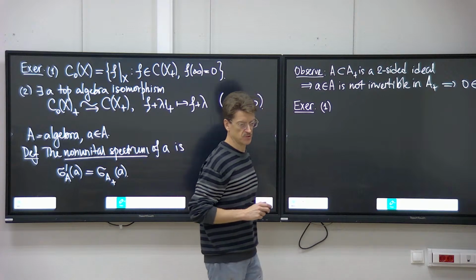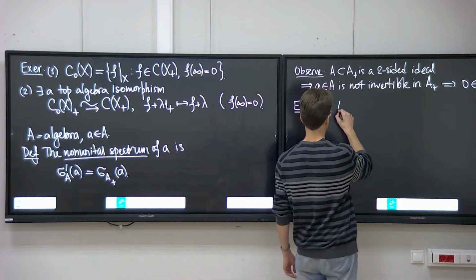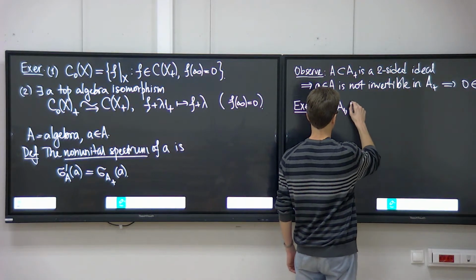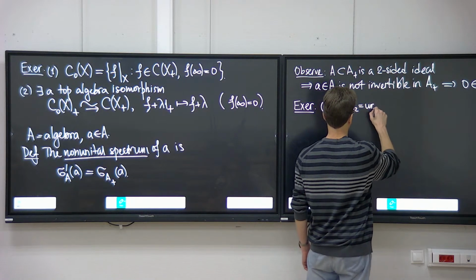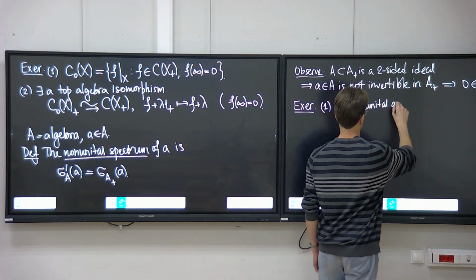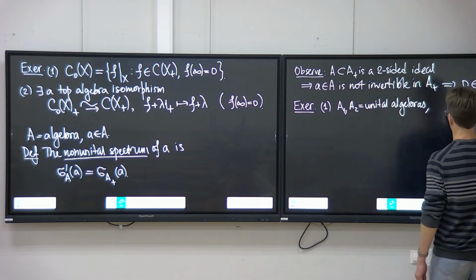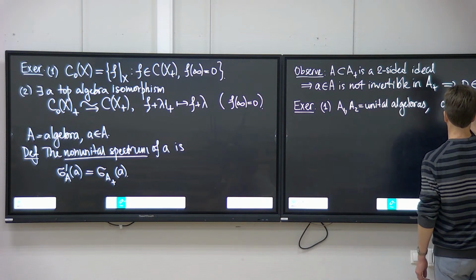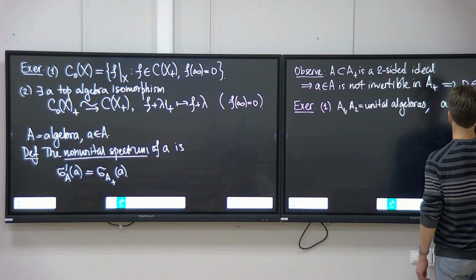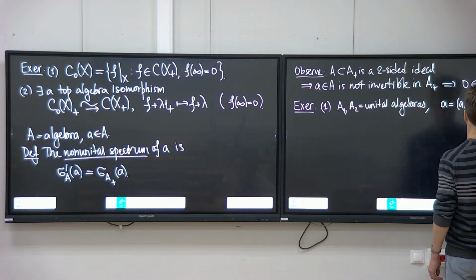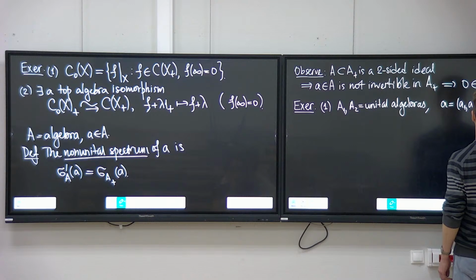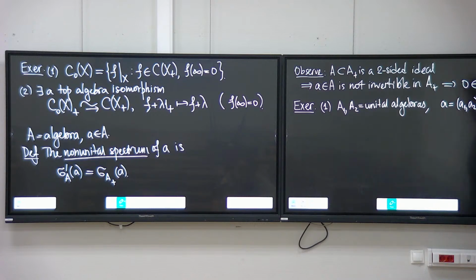First of all, you have two unital algebras, A1 and A2, and little a is an element of their direct sum A1 plus A2. So we consider the direct sum as an algebra in the standard way.